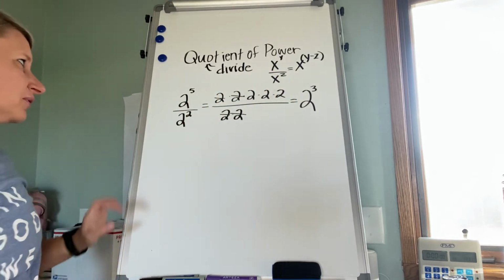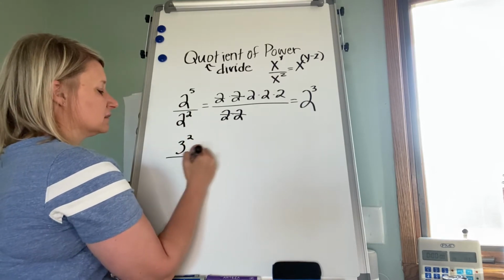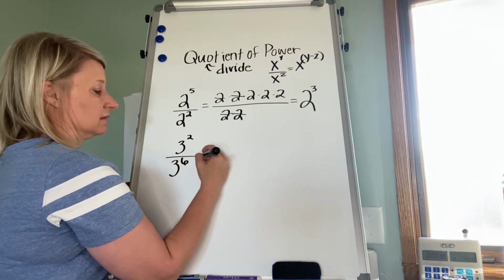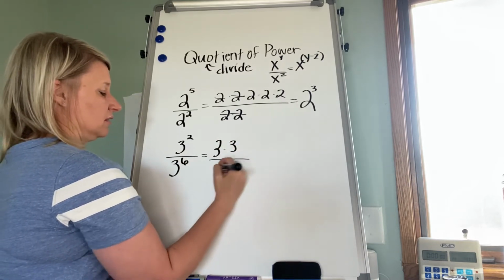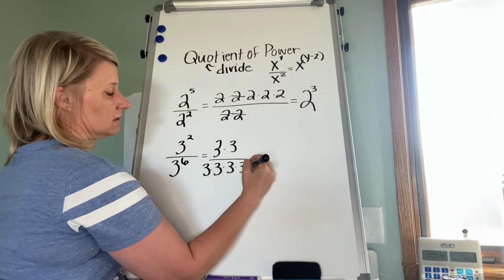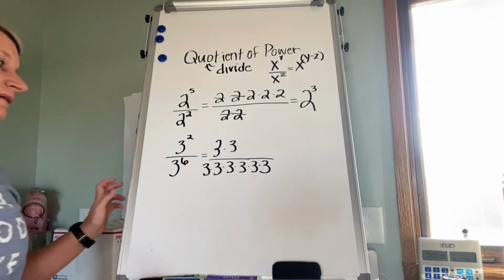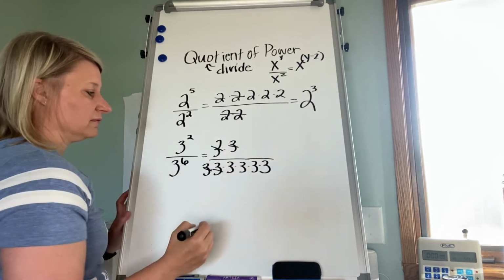So even if this one is smaller than this one, then you would make that a negative number. So for instance, if we made this 3 squared divided by 3 to the 6th. So you have 3 times 3 over 3 times 3 times 3 times 3 times 3 times 3. So there's 6. Okay, well, we know this is 1, this is 1. 3 divided by 3 is 1.